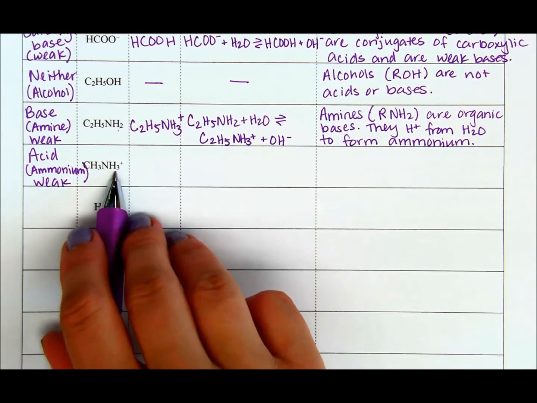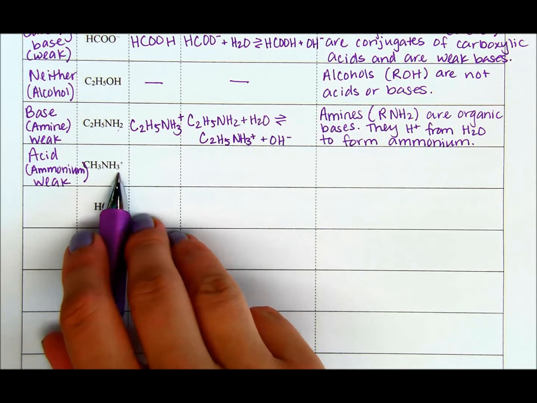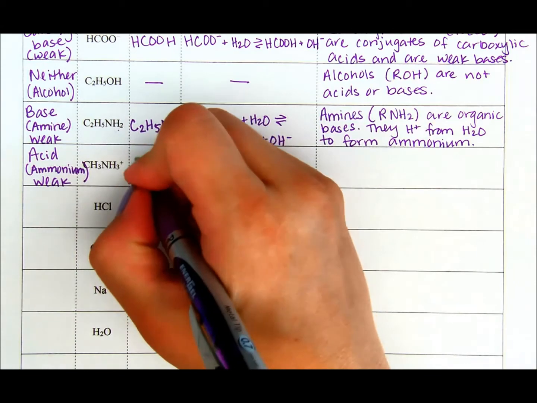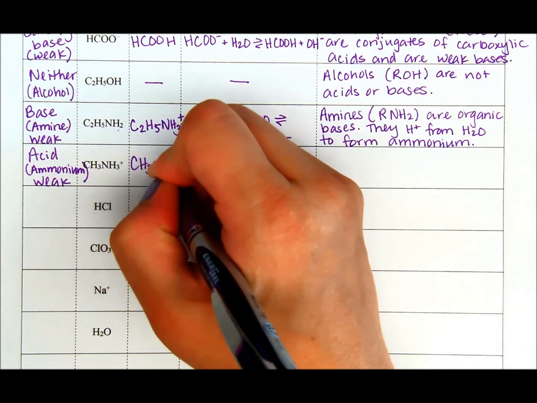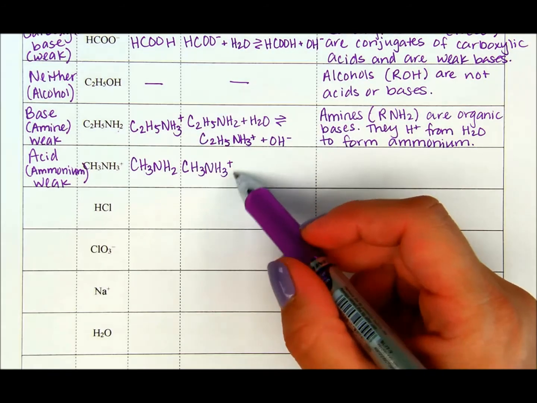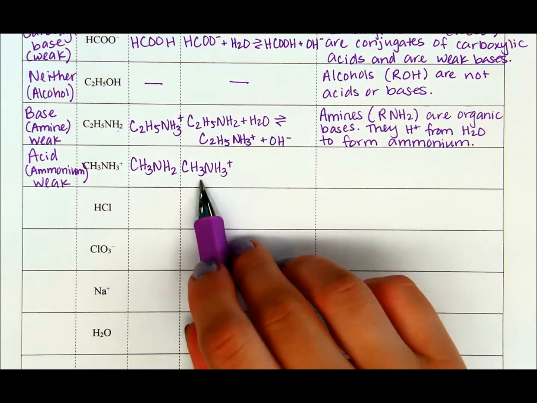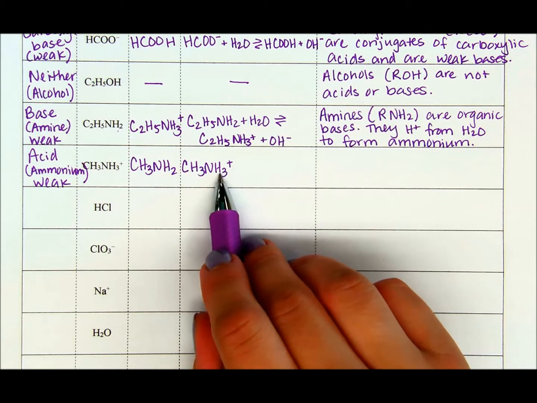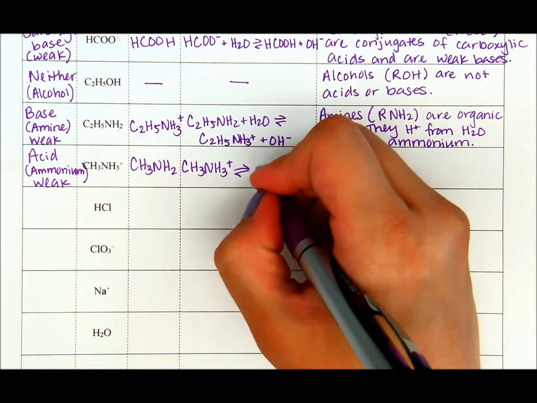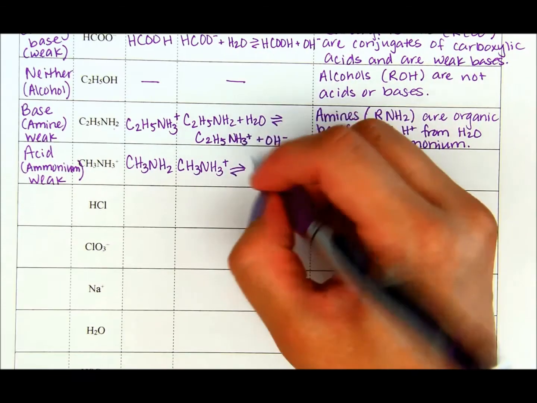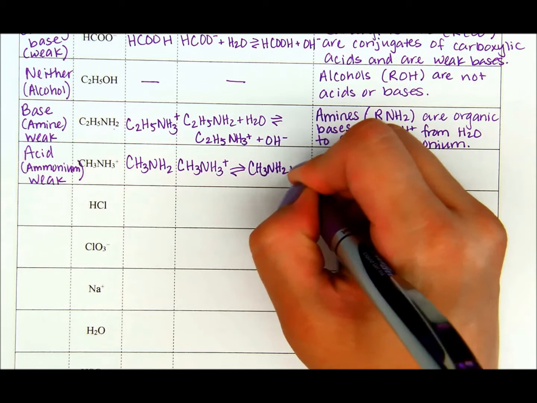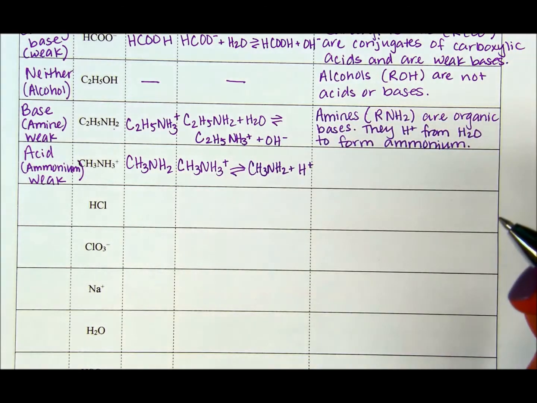So its conjugate is when it loses a hydrogen ion. So when it loses a hydrogen ion, it just becomes the amine again. So CH3 and H2. It just lost an H plus. When you write this in equation form, you have your ammonium, and that is going to dissociate into your amine plus your hydrogen ion that came off.